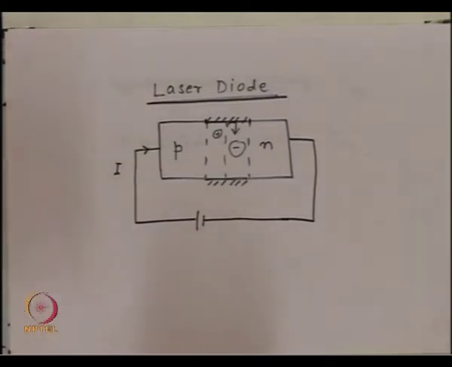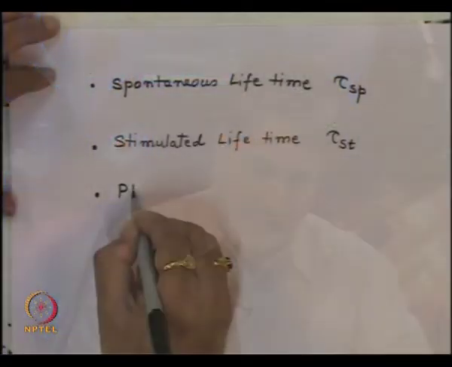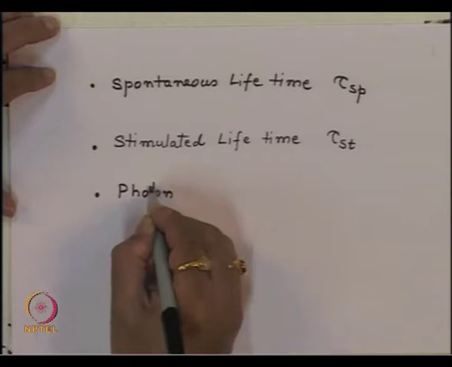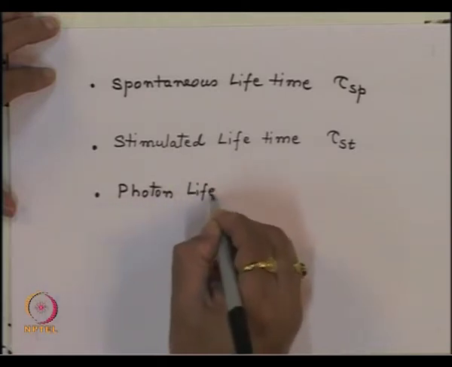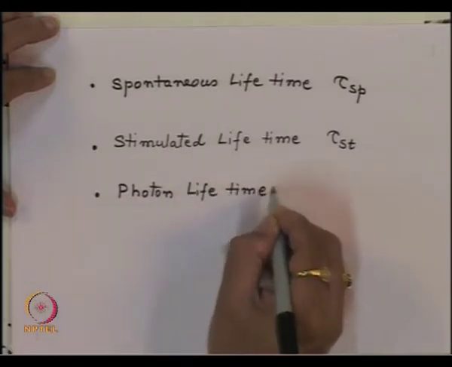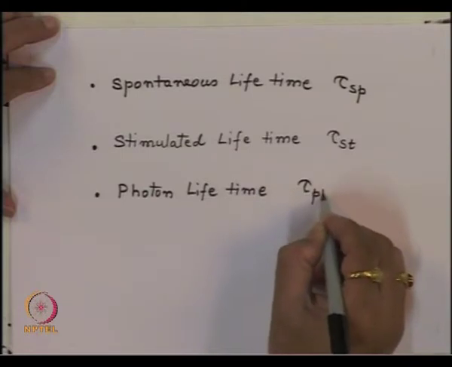So, ultimately the upper limit on the frequency will be decided by how long the photon resides inside this cavity. So, we have then what is called the photon lifetime inside the cavity. Which is tau photon.